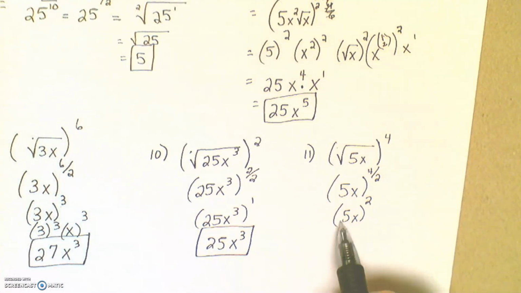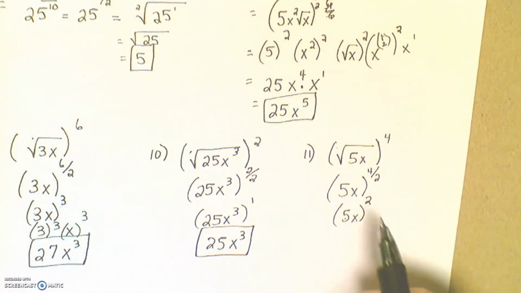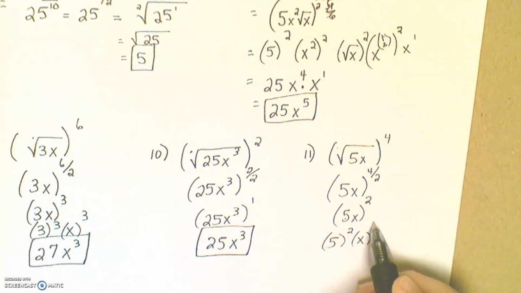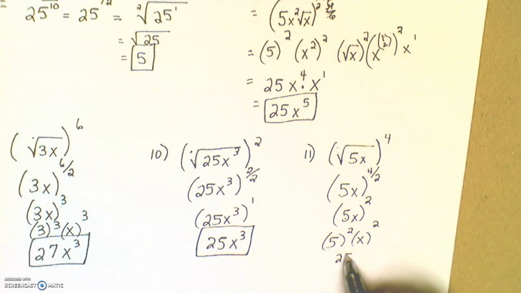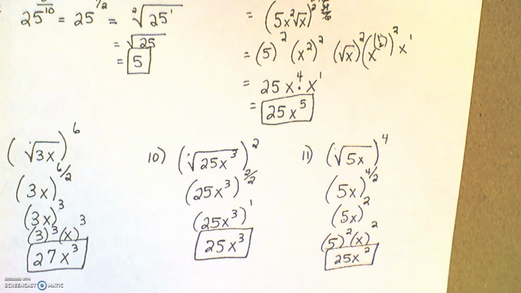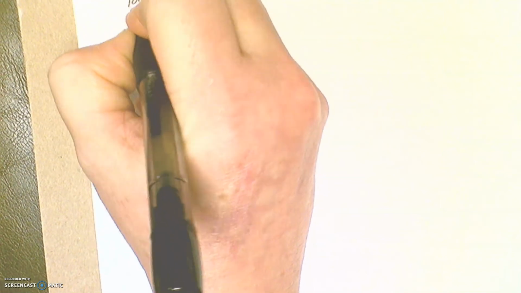So now we can take everything inside and raise to the second power. 5 squared, x squared. 5 squared is 25, and then x squared. Let's look at one more. Number 12.